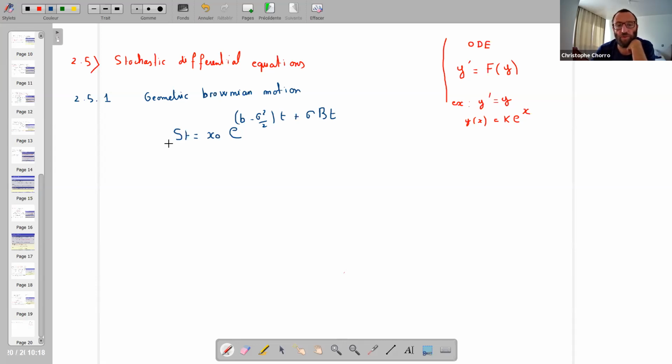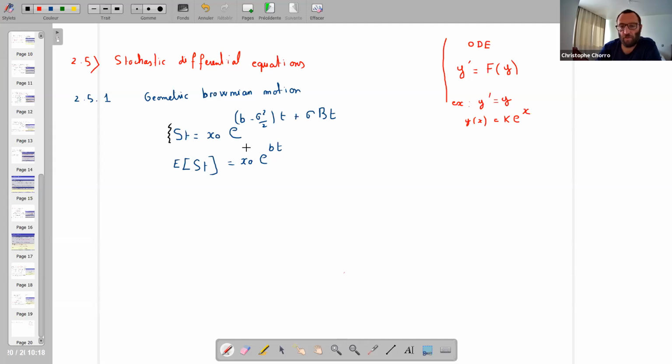We have seen also that the expectation of S_t, we proved together, is just x0 exponential bt, from the result concerning the characteristic function of a Gaussian distribution.